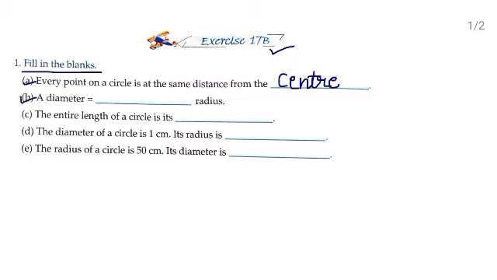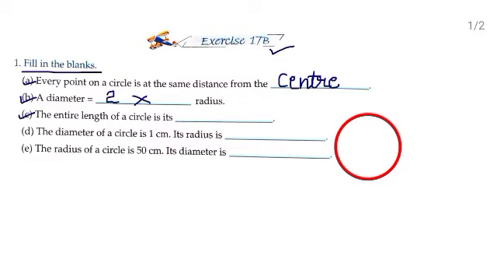Next part, B part: a diameter is equals to dash radius. Yesterday we have discussed diameter is equals to 2 into radius. Next C: the entire length of a circle is dash. Suppose this is the circle.